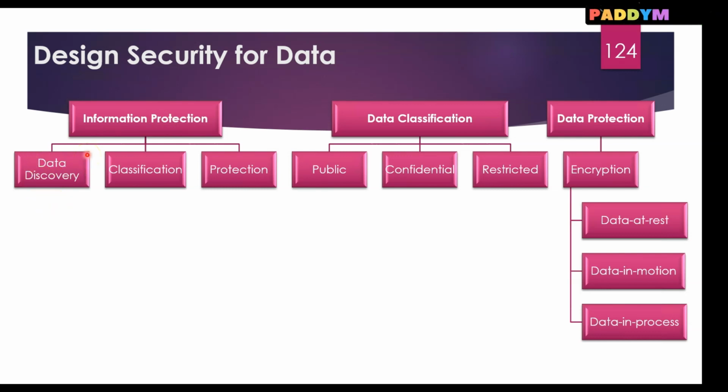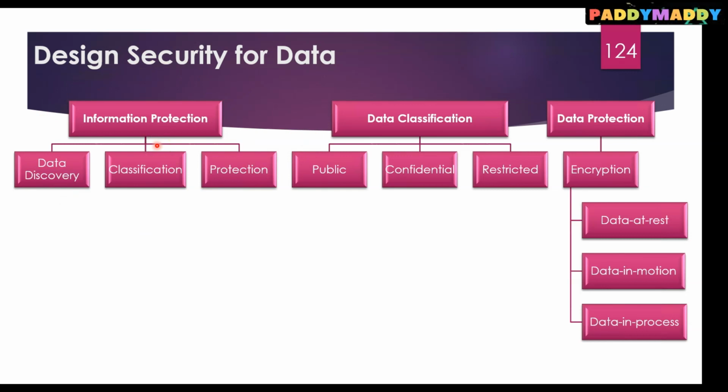There are basically three tenets of good information protection: the data for your disaster recovery, the classification, and the protection. So for these three areas, you need to protect the data by doing some kind of classification. When we say classification, think about larger companies, governments, or even militaries.